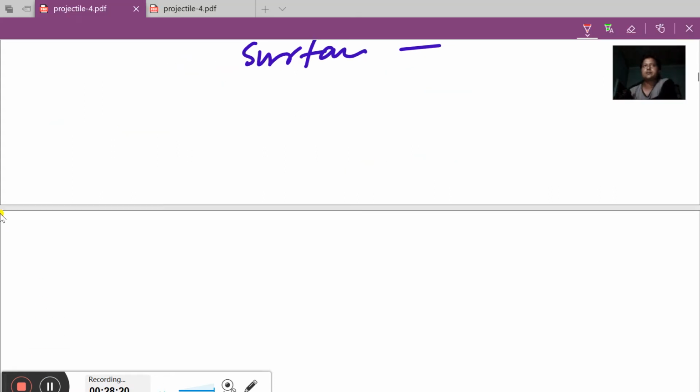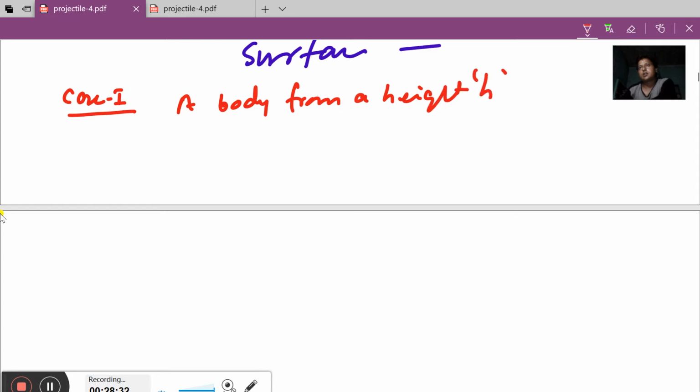Case 1. A body from a height h, projected parallel to earth surface.